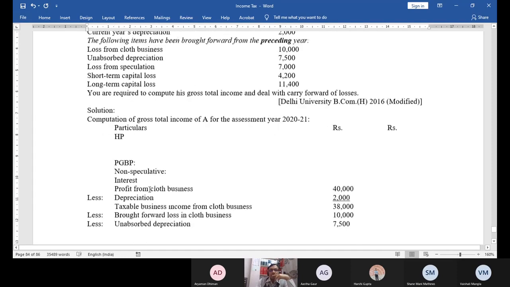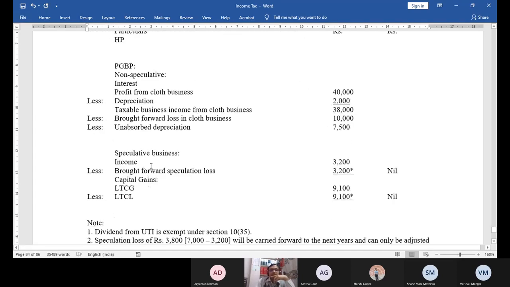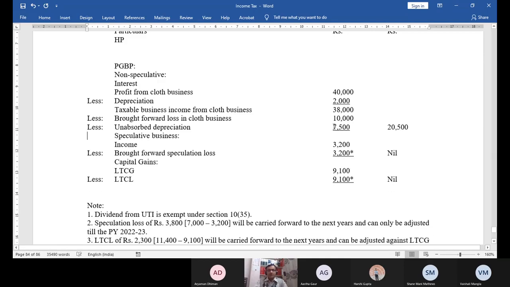Now let us wind up. Final PGBP income has become $2,500. Speculative business 0, capital gain 0.